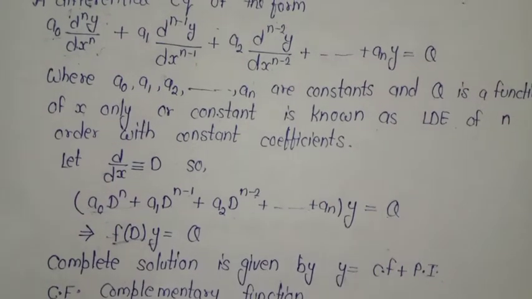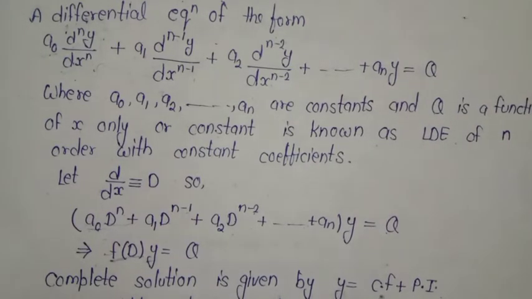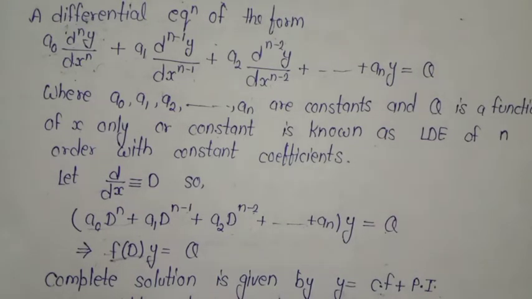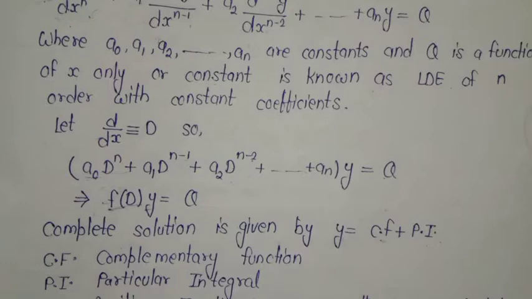The complete solution is given by y is equal to CF plus PI, where CF means complementary function and PI is particular integral. So firstly, in today's video I will discuss the complementary function, and in my next videos I will discuss the particular integral. So what is the complementary function and how to determine it for any given differential equation?